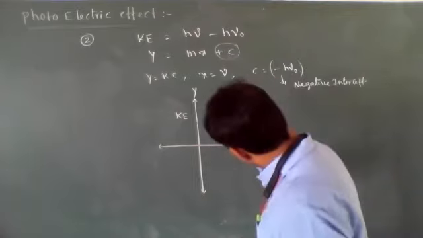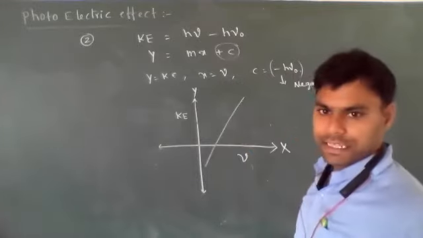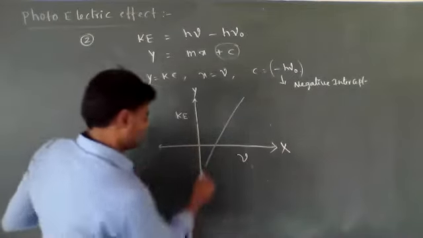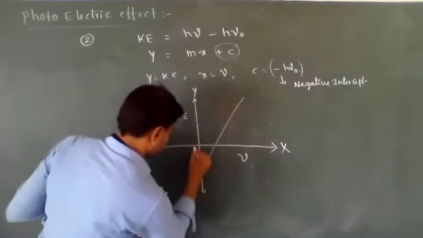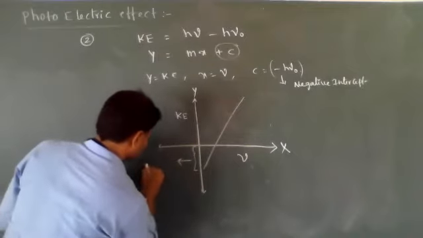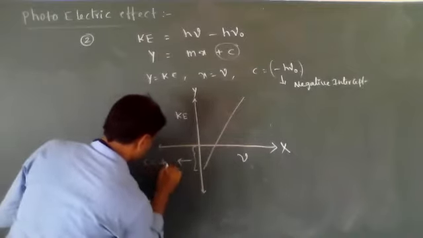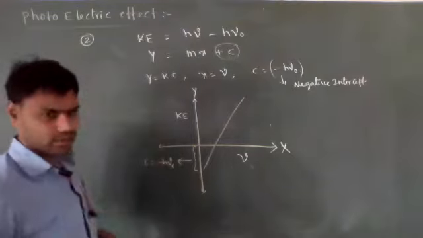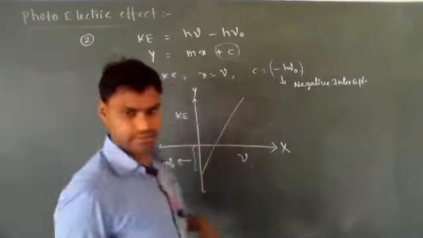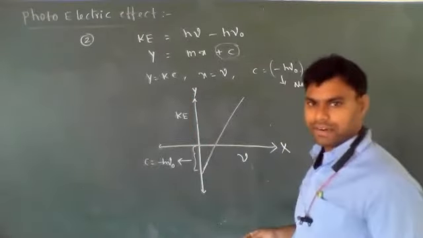A negative intercept means it touches the negative coordinate of the y-axis like this. This is c, equal to minus h nu naught.